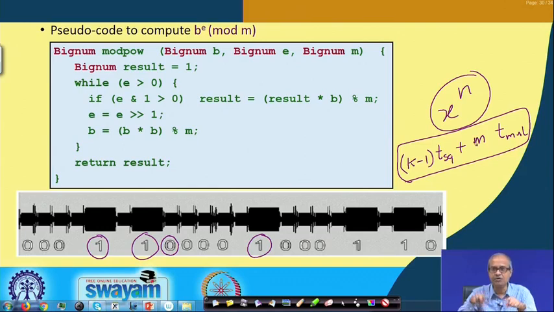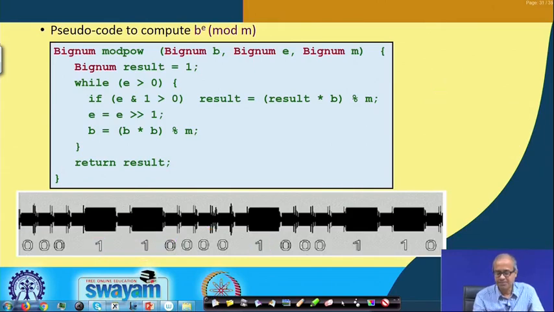I can know how many ones there are, and if I observe some kind of current waveform on the oscilloscope, I can see a waveform like this. I shall again come back to it later. You can directly see which are zeros and which are ones if you observe the waveform visually on the oscilloscope. Directly also you can see, and by measuring time also you can directly get how many ones are there in the power.